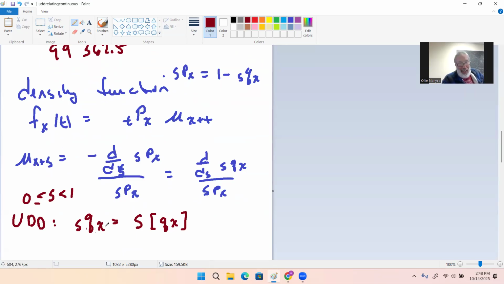So this S here is a subscript. This is S times that.